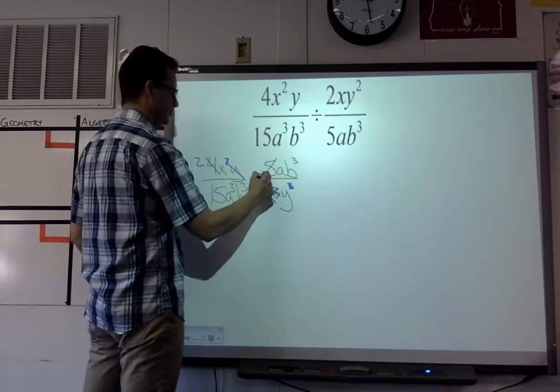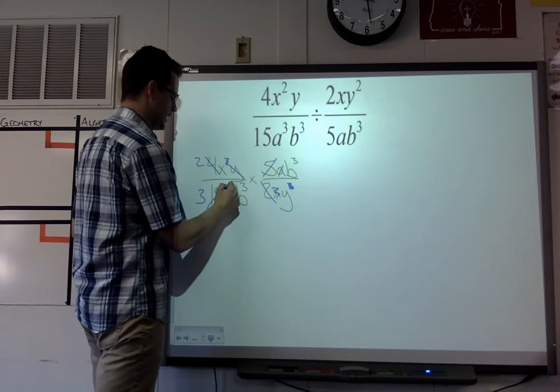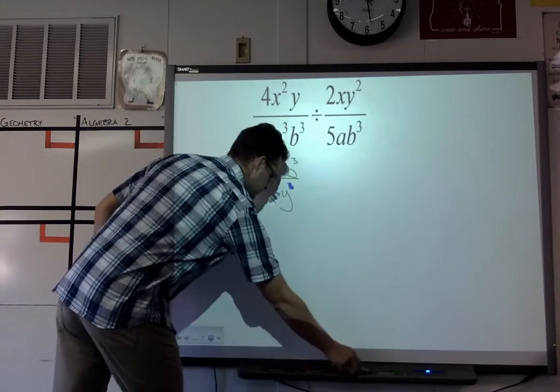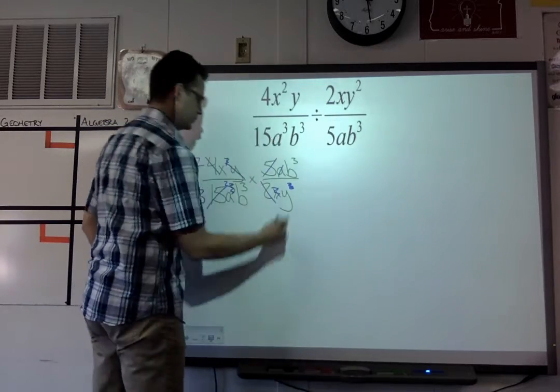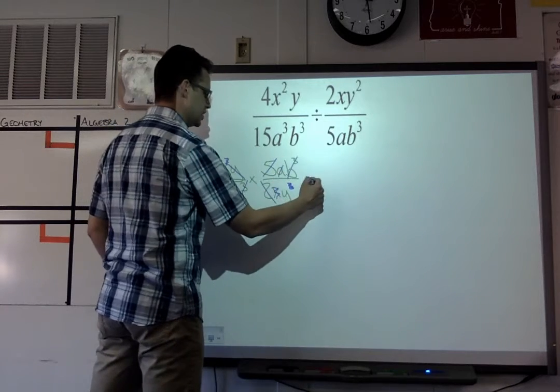Then over here, 5 cancels, 15 becomes 3, a cancels, a cubed becomes a squared, and then b cubed and b cubed will cancel each other out.